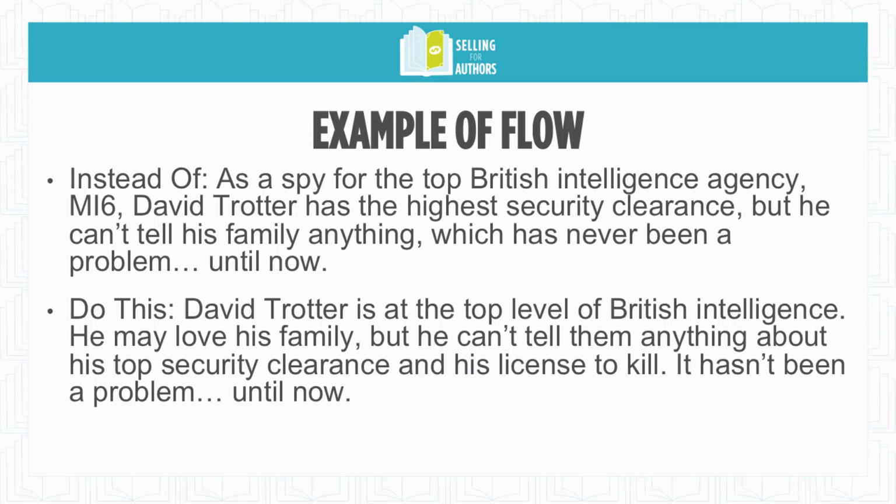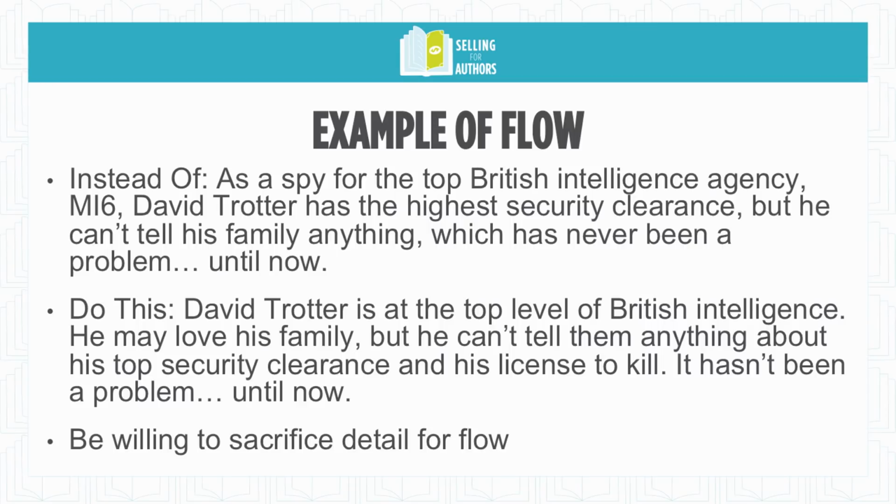David Trotter is at the top level of British intelligence. He may love his family, but he can't tell them anything about his top security clearance and his license to kill. It hasn't been a problem until now. So we're emphasizing things by using the periods. We took out a little bit of the detail to make it flow better.